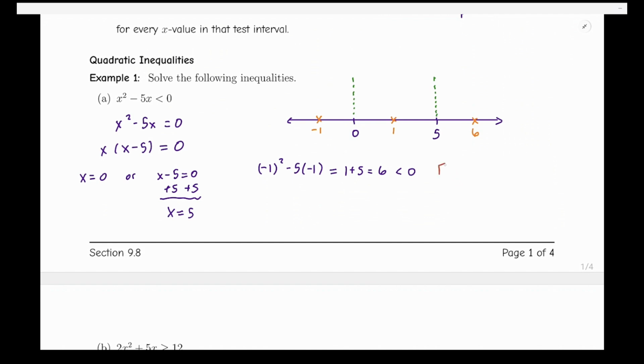That is false. And then I'll even put that on my number line. And then plug 1 in. 1 squared minus 5 times 1, which is 1 minus 5, which is negative 4. Is that less than 0? Well, that is true.